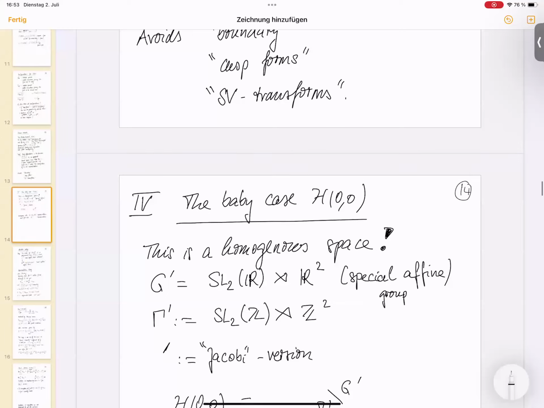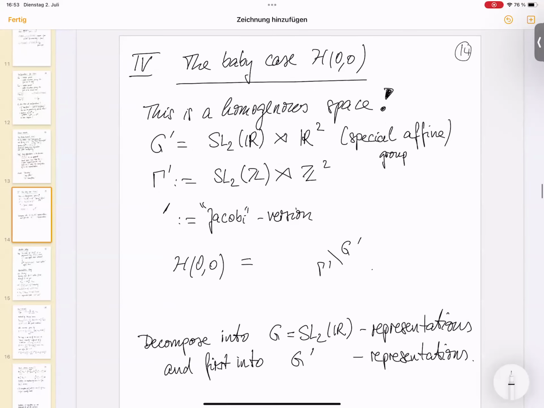In the last couple of minutes, let me try to state the results we have. So the baby case of H00 is really an exception. These strata usually are not homogeneous spaces. These strata have an action by the Lie group SL2R, but of no bigger Lie group.